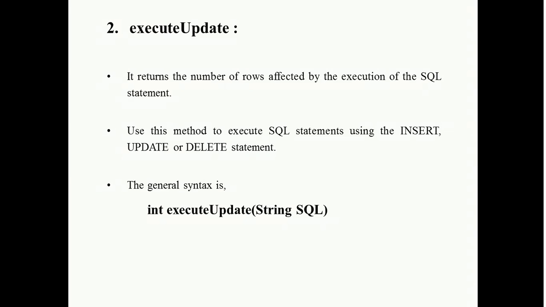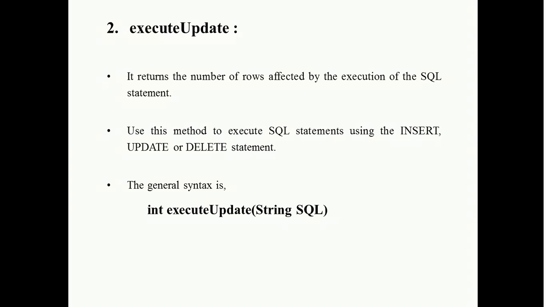The second method is executeUpdate. This method returns the number of rows affected by the execution of the SQL statement. This method is used to execute SQL statements such as insert, update or delete.